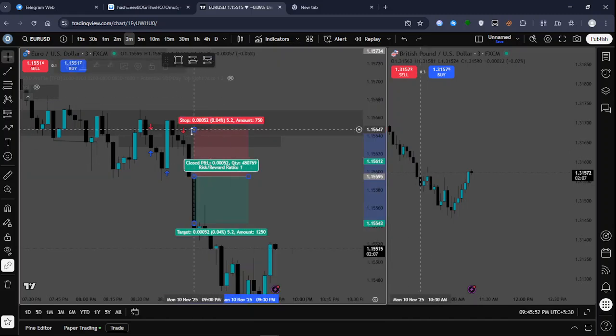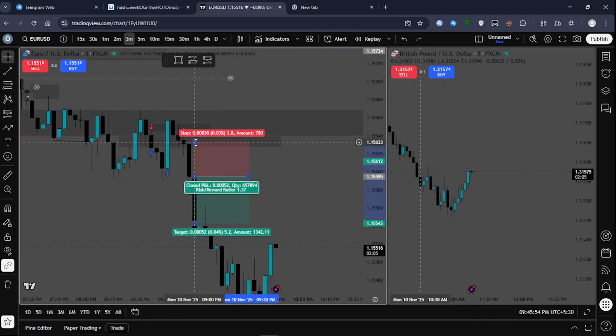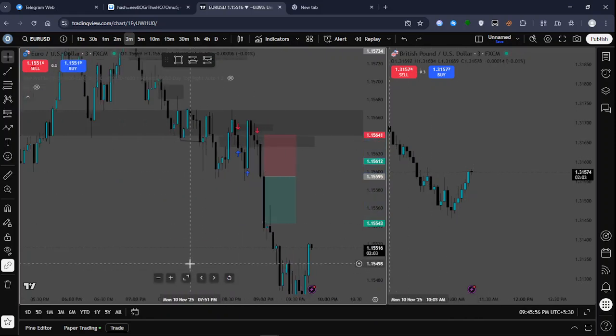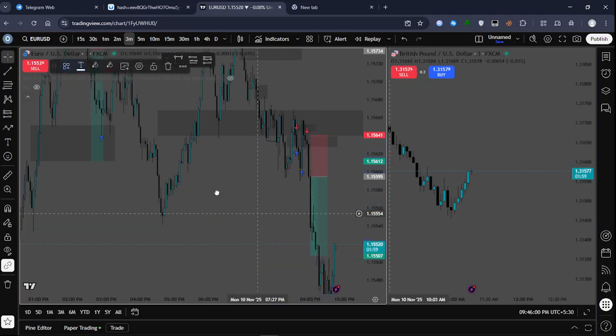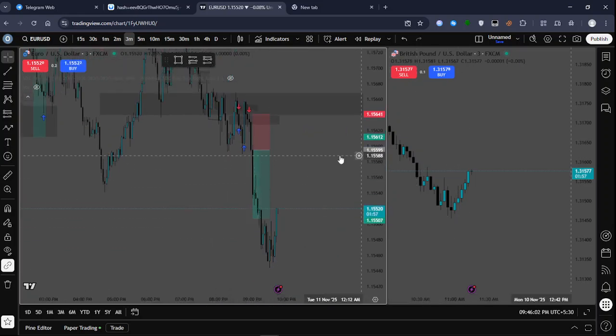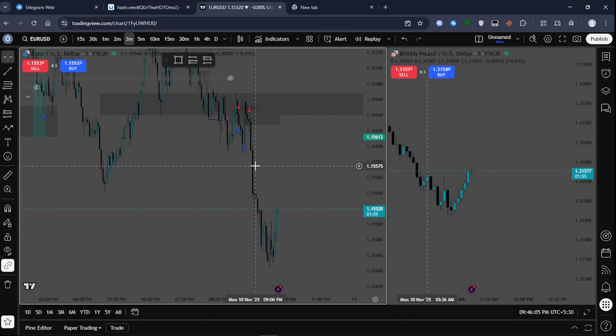Once you close through that, actually take this trade, put your stop, and target these lows. Maybe, I don't know, I'm still not sure that would be a valid idea to take trades.